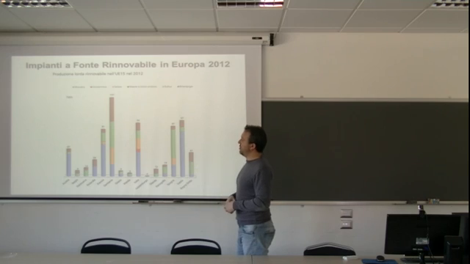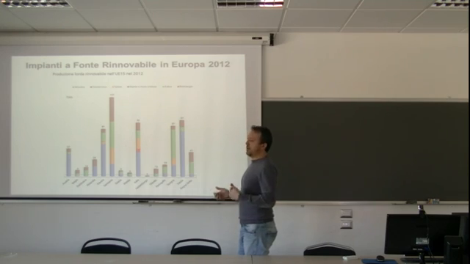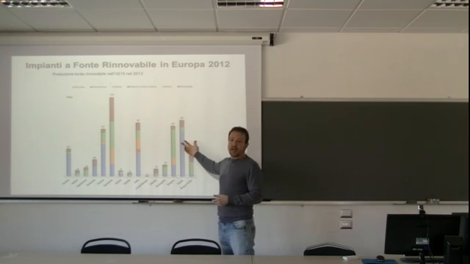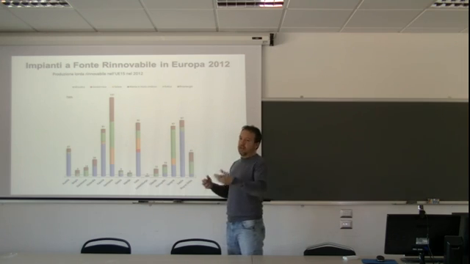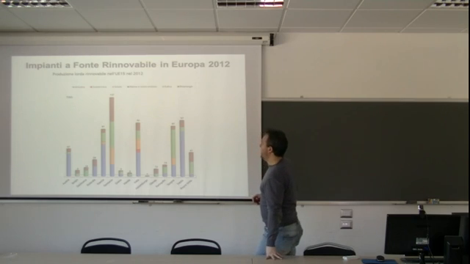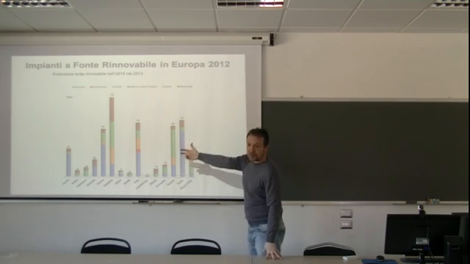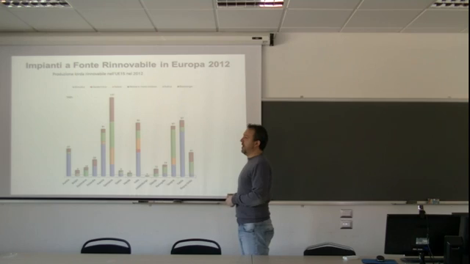And you can see also the other European situations, which of course depend on the geographical situation of each country. For example, Sweden has 80% of renewable energy from water, because there are a lot of lakes and rivers. The same in Austria, where there are a lot of mountain lakes to use.